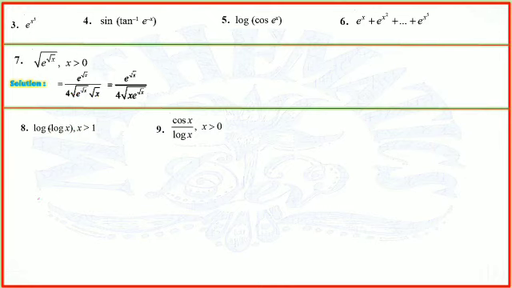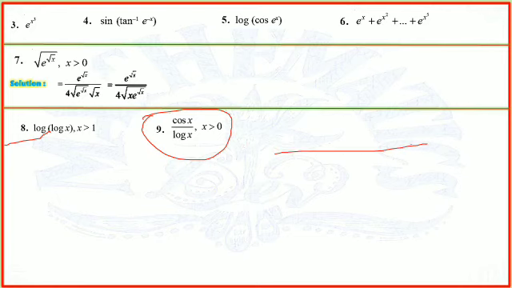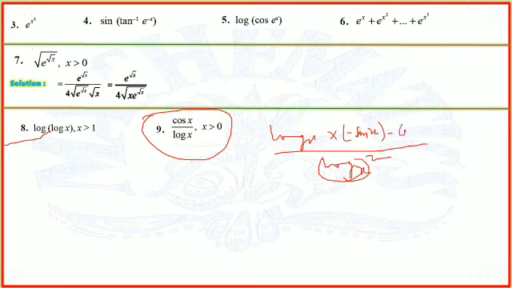Question number 9 is cos x upon log x. Now this is the quotient rule. So what we can do here: denominator square, directly log x whole square, then denominator here, log x, into the derivative of the numerator cos x, the derivative is minus sine x, minus the numerator and the derivative of the denominator. What is the denominator? Log x. So its derivative is 1 upon x.